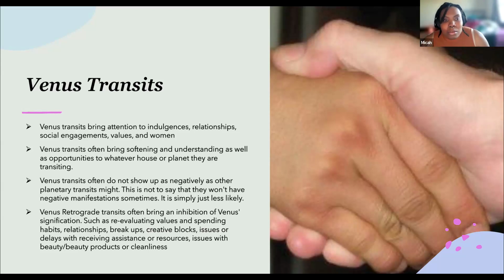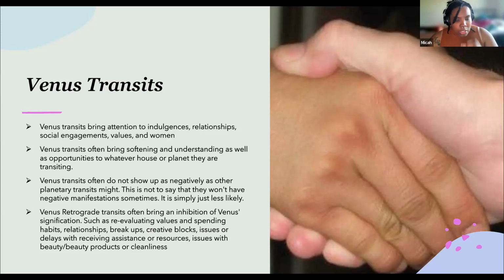It could be all of those things, and it could be something completely different as well. It would depend on the transit. But Venus transits often do not show up as negatively as other planetary transits might. This is not to say that they won't have negative manifestations sometimes. It's simply less likely.